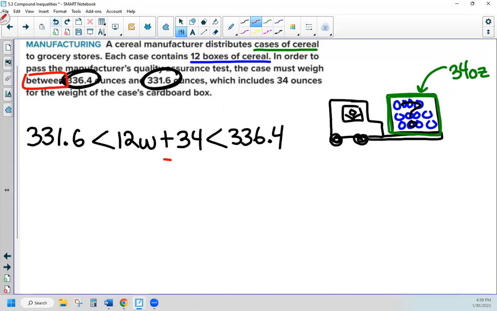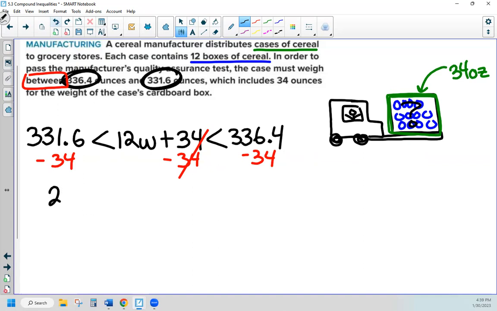All right, so let's go ahead and solve it. Minus 34, that cancels out. Now on this side, let me make sure I am not giving the wrong numbers here. 331.6 minus 34 gives me 297.6.